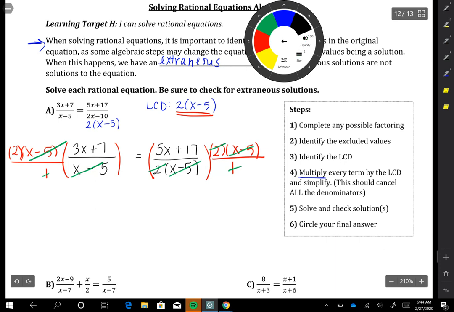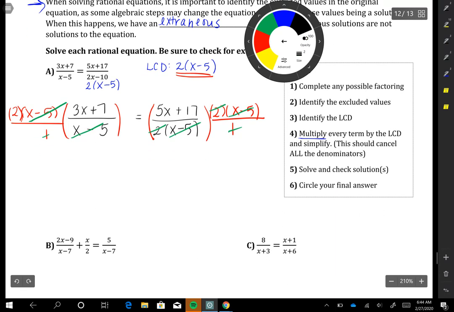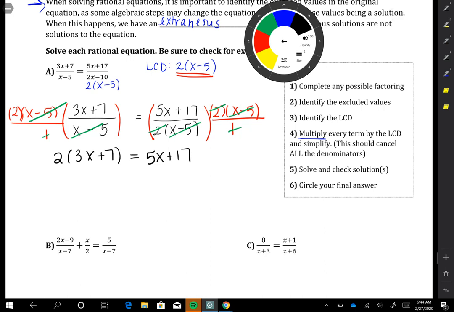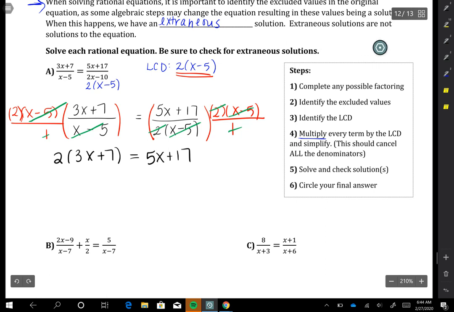When we multiply every term by the least common denominator, it cancels everything in the denominator. What we're left with on the left is just the 2 times 3x plus 7, and on the right, 5x plus 17. Now we just have a simple equation to solve, which we couldn't have solved if we still had denominators.